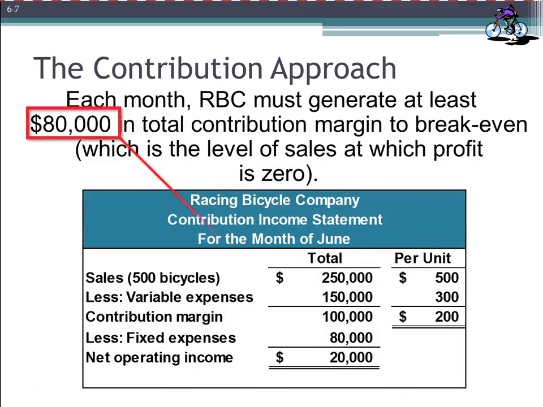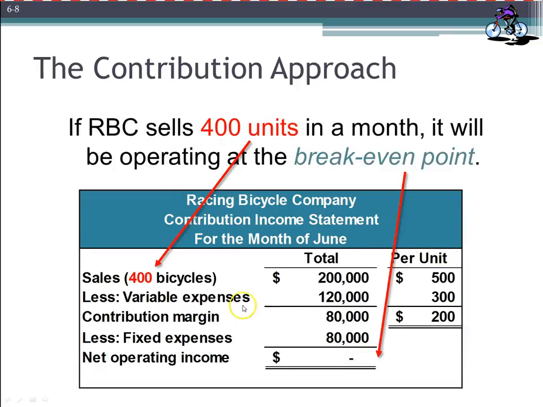Remember that each month we have to generate at least $80,000 in total contribution margin in order to break even, right? Because we've got to cover those fixed expenses. And in our example, that means selling 400 bicycles, right? If we're selling bicycles at $500, we need to sell 400 of them. That would get us $200,000, right?